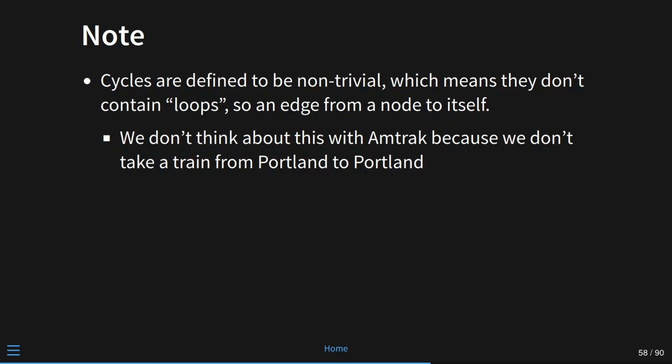Is that really taking Amtrak? So when we say non-trivial, usually we're pushing up against what we're abstracting with the notion of graph theory, and asking: is it meaningful to say you can do that? So in this case, we say there is not an edge from Portland to Portland. But I could put one there. I could get on the bus and drive around the block, right? But by convention, we don't do that.